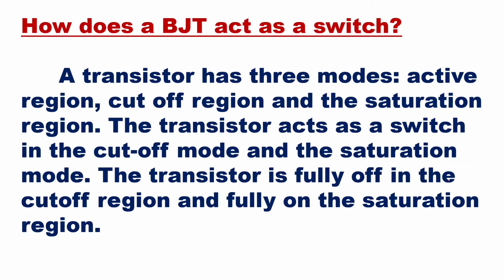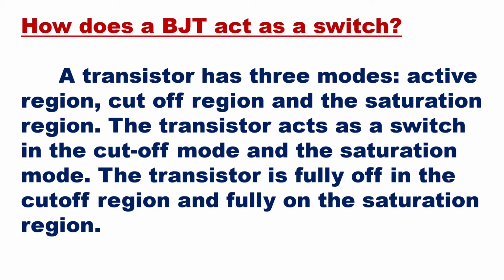Then, how does a BJT act as a switch? This is the first application we will see. Here we again go to the same concept of operating modes. A transistor has three modes: active region, cutoff region, and saturation region. The transistor acts as a switch in the cutoff mode and the saturation mode.